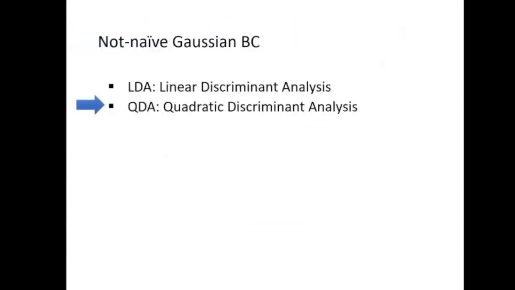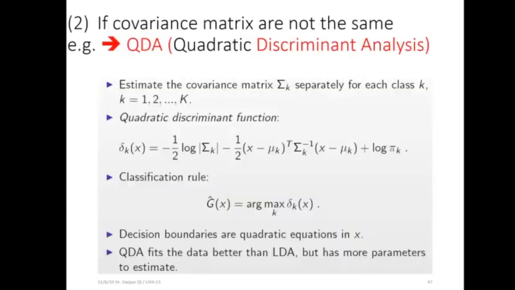All right, then QDA. So what is QDA? QDA, in fact, is just the Gaussian-based classifier with no extra assumption. If you use the full Gaussian to represent the conditional probability, then that's just QDA.